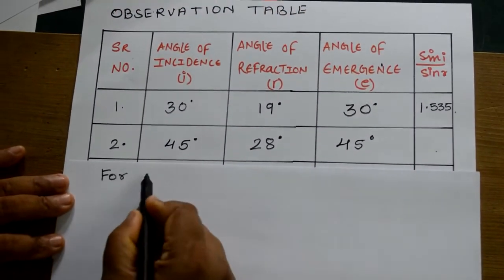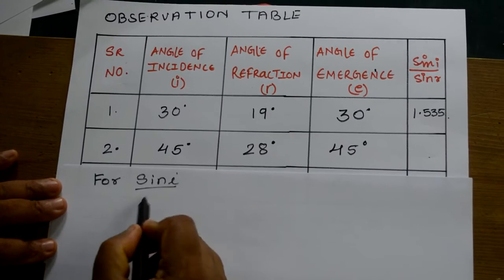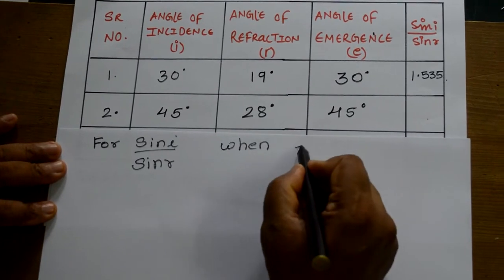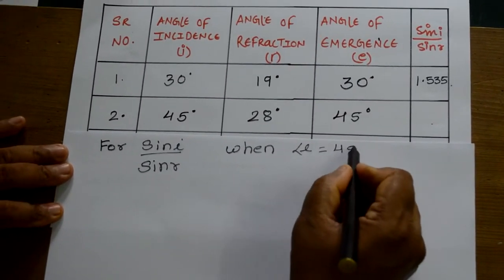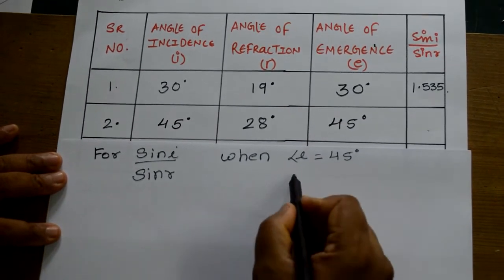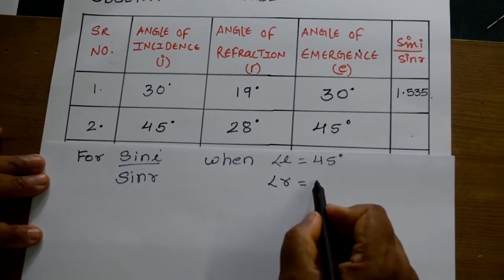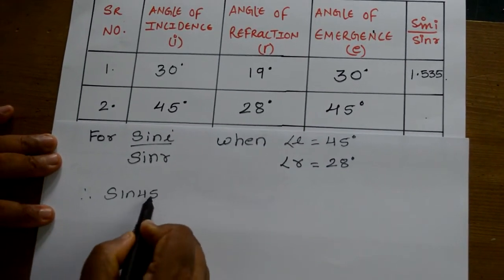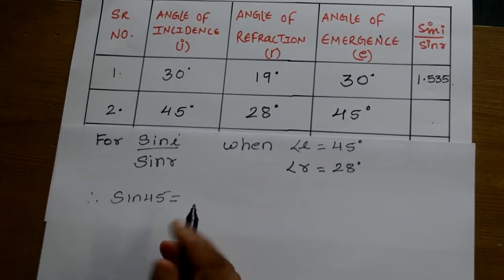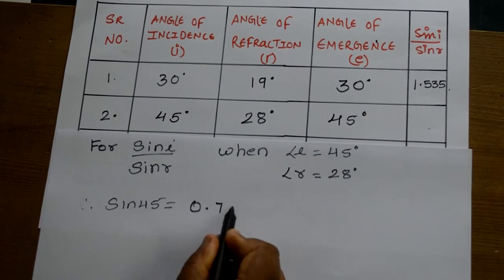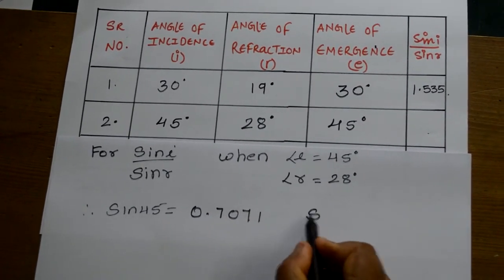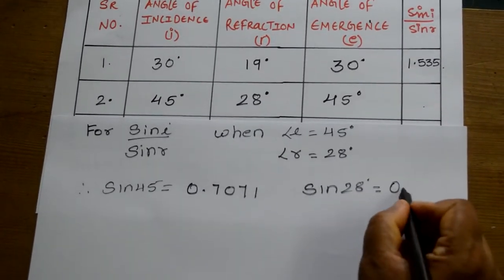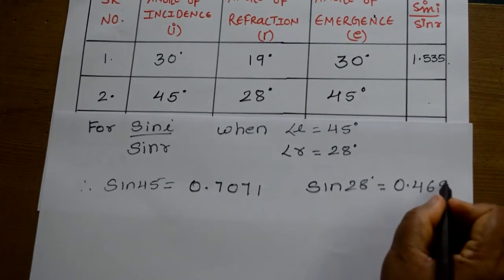For sin I upon sin R, when I is 45 degrees and R is 28 degrees, sin 45 value is 0.7071 and sin 28 degrees value is 0.4695.